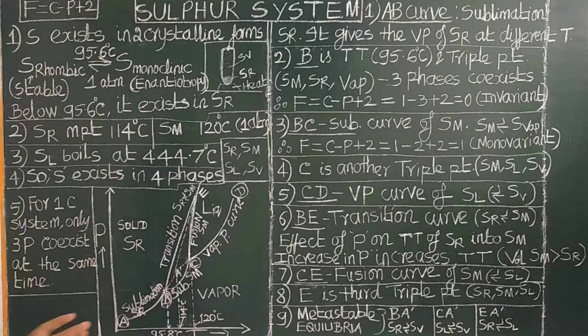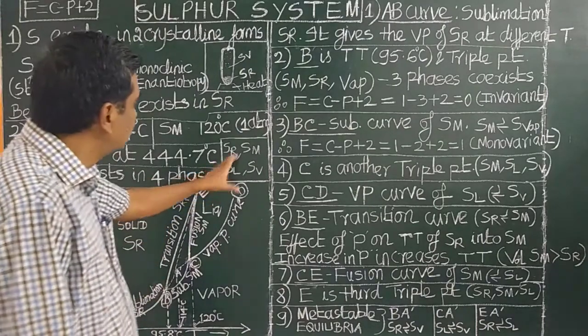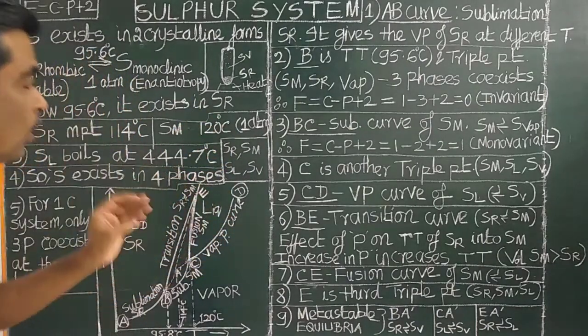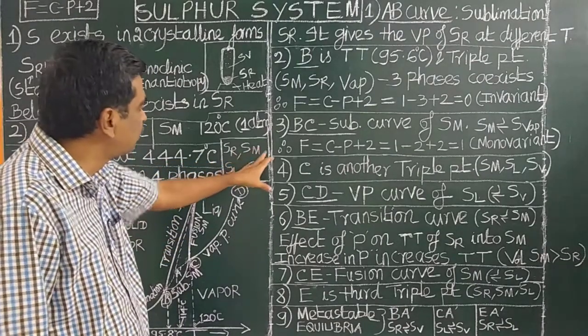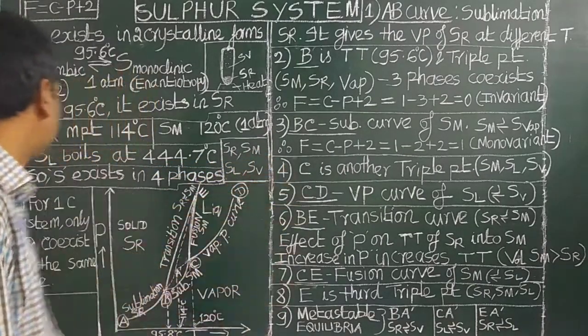Therefore, sulfur exists in 4 forms, whereas water exists in 3 forms: ice, vapor, liquid. Here, sulfur exists in 4 phases: sulfur rhombic, sulfur monoclinic, sulfur liquid, sulfur vapor.